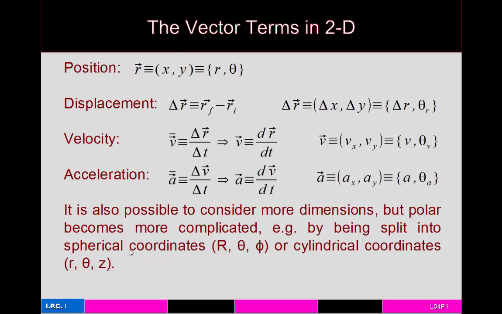But you can also use spherical coordinates, which make use of total distance between origin and object, and then your polar angle and your azimuthal angle. Or you can use the cylindrical coordinates, which use the polar distance r and the polar angle theta, and then how high above the polar plane the object is, z.